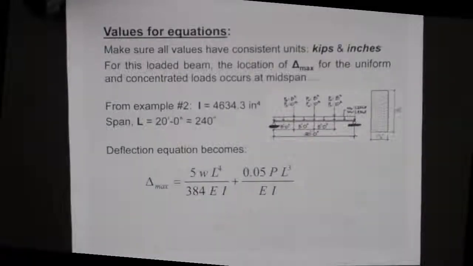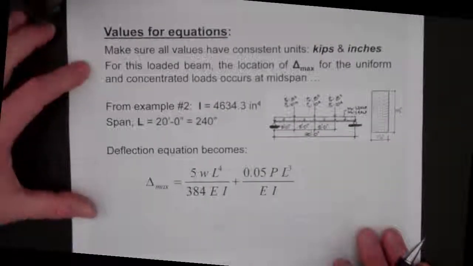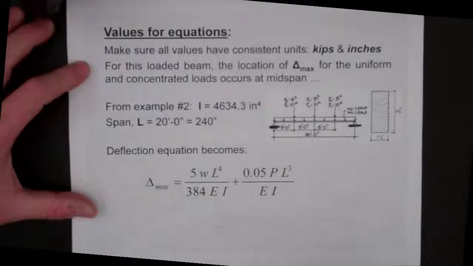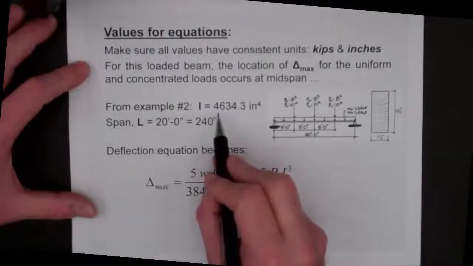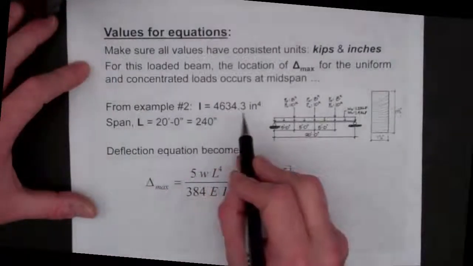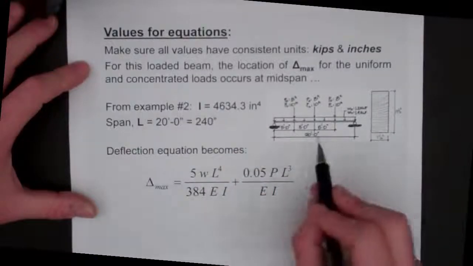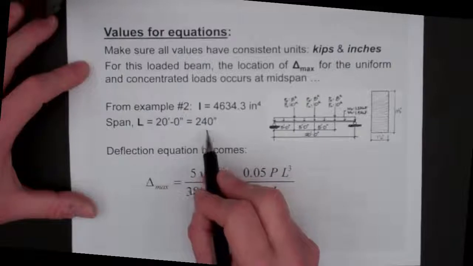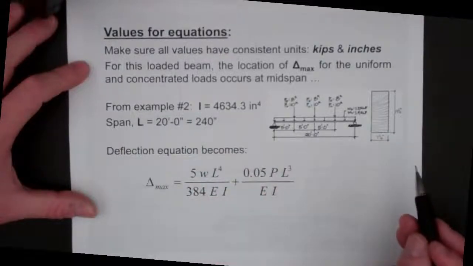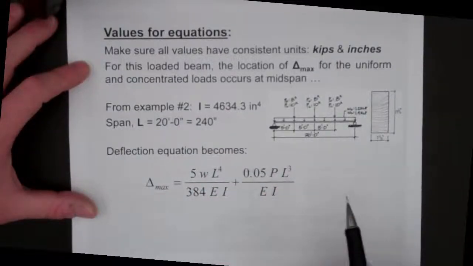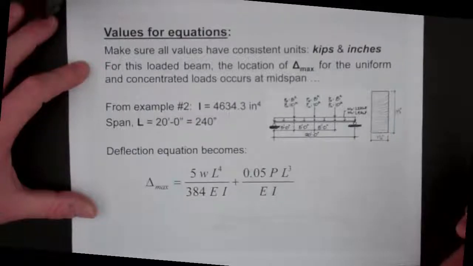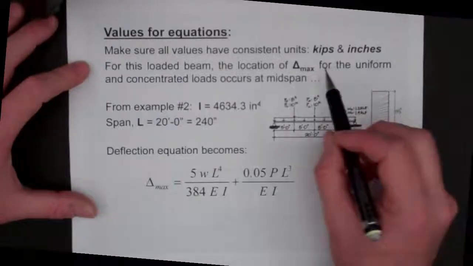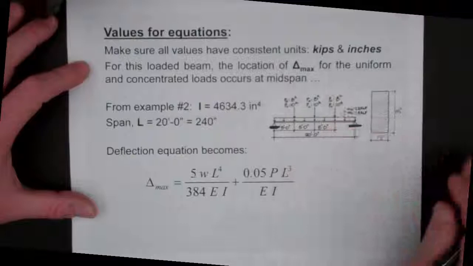Next, we know that previously in example 2 we calculated the moment of inertia of this beam, which was 4,634.3 inches to the 4th, and in this case our length is 20 feet, so we're going to set that equal to 240 inches to convert over, and we typically want all calculations in inches with pounds or kips, so with this we'll use these 2 added deflection equations that we found.